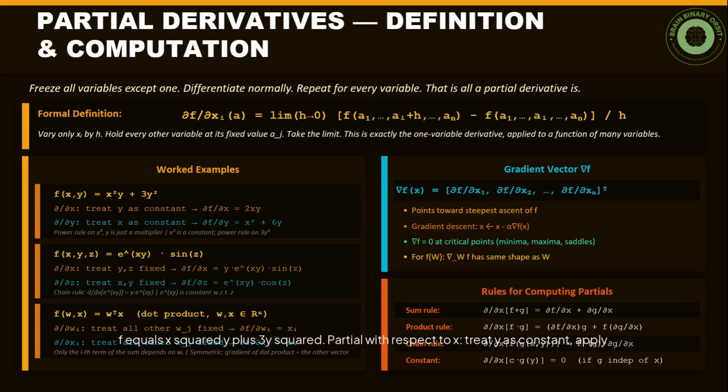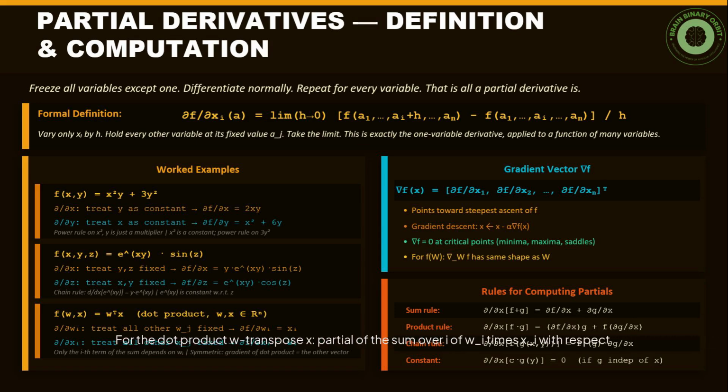Partial with respect to x: treat y as constant, apply the power rule to x squared y, result is 2xy. Partial with respect to y: treat x as constant, x squared becomes a constant coefficient, apply the power rule to 3y squared, result is x squared plus 6y.